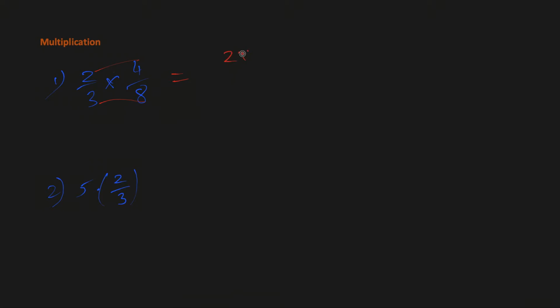So this would be 2 times 4 and 3 times 8. 2 times 4 is 8, 3 times 8 is 24, and we know that we can also write 8 over 24 as 1 over 3 by canceling the 8s, so we only get 1/3.